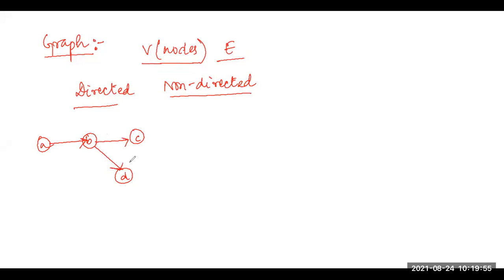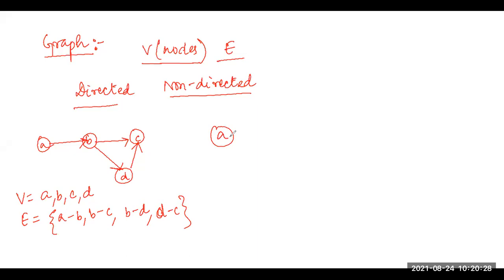If there is a path from one node to another, there will be a directed path. So for this graph, if I am asked how many vertices or nodes there are, I will say 4. The vertices are A, B, C, D. But if I am asked how many edges there are, I will say one is from A to B, another is from B to C, another is from B to D, and another is from D to C.